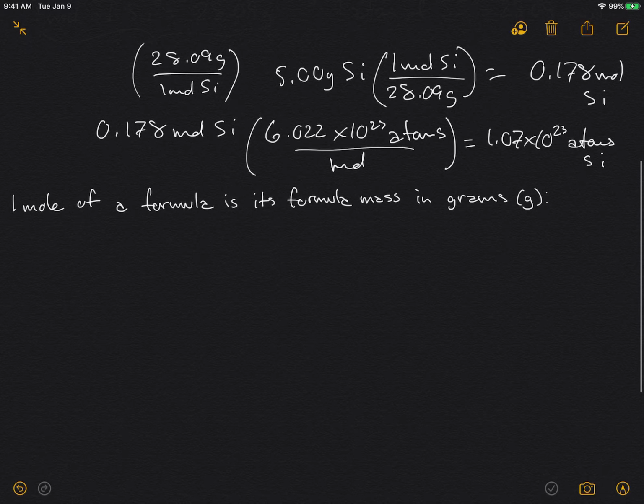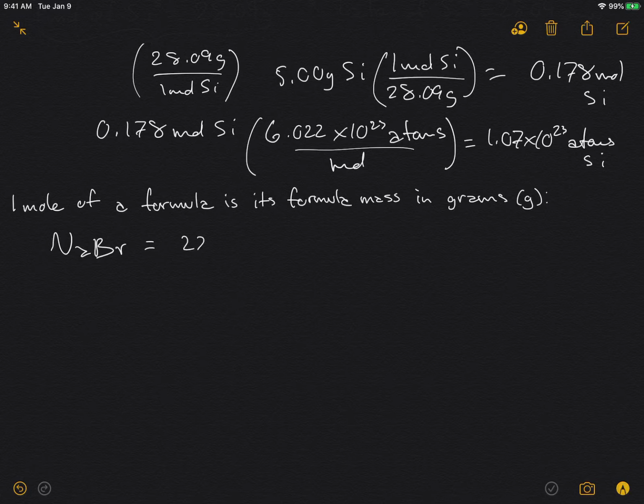What if we wanted to look at a molecule or a compound? So 1 mole of a formula is its formula mass in grams. And a lot of times we call this the formula weight. So for instance, the formula mass for sodium bromide is the sum of the atomic masses.